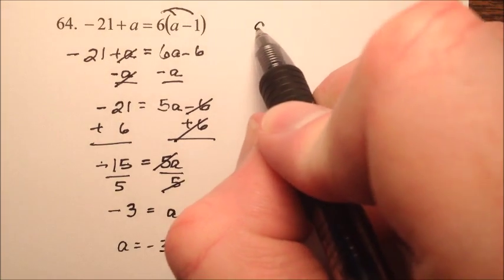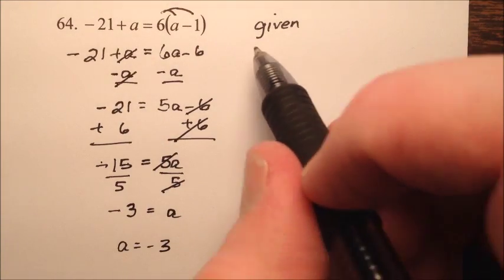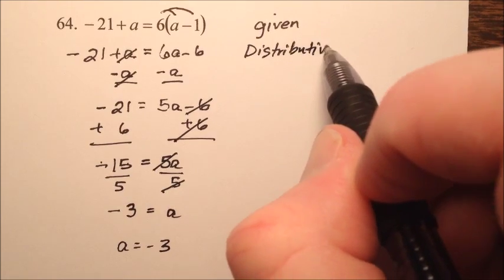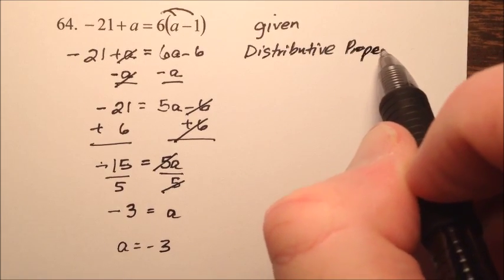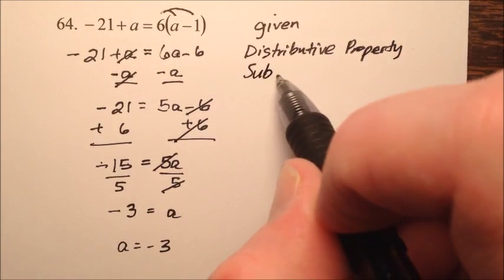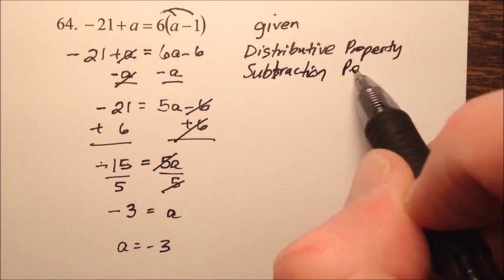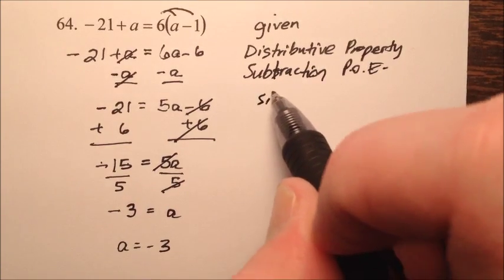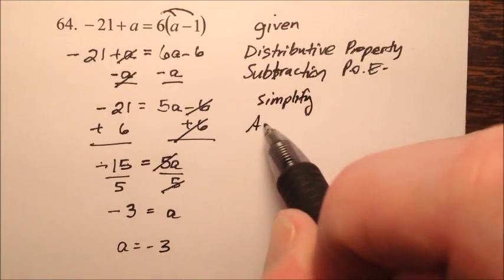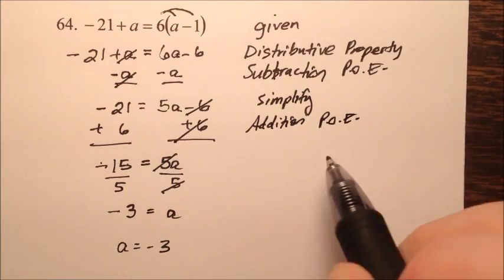Let's go ahead and write in all of our steps here. The first one's given. Then we use the distributive property. Then we use the subtraction property of equality. We'll say POE. And then after we use a property of equality, we can simplify. And then we use the addition property of equality.